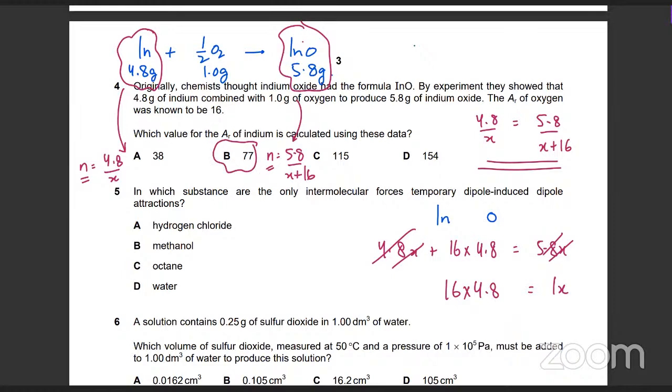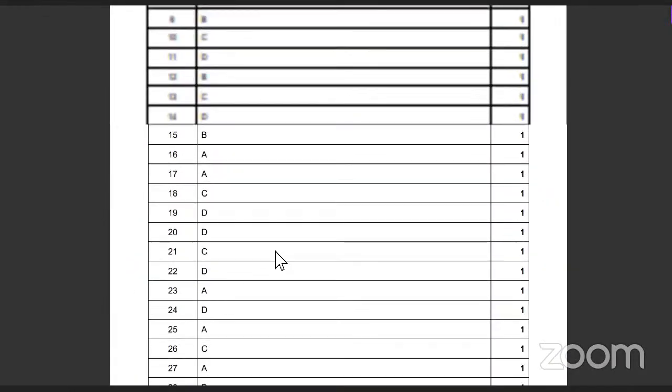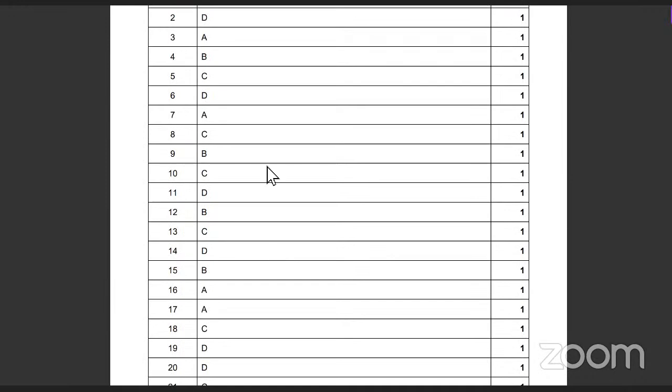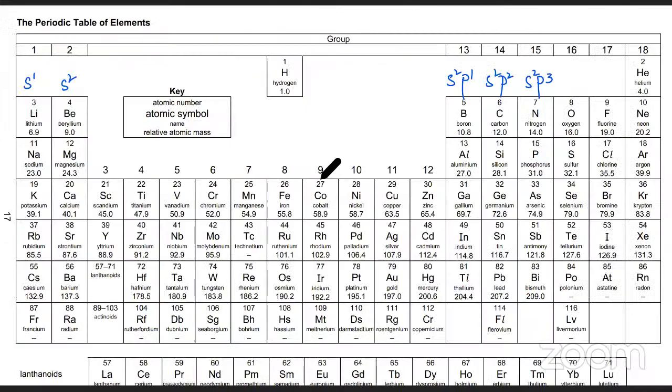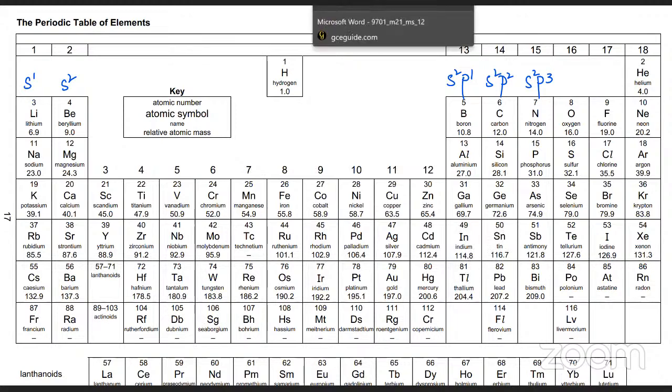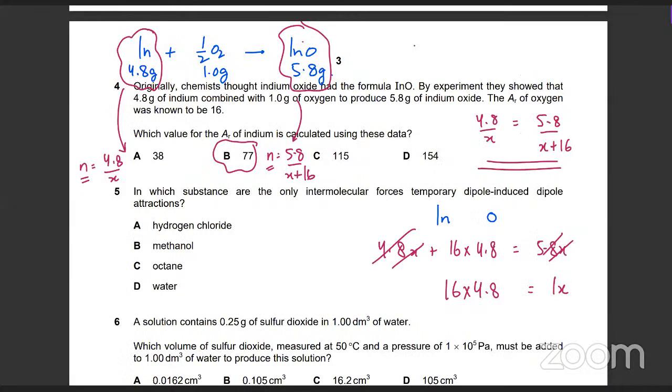Let me check the answer for this one. Question number 4 is B. It's 77. So they took a different value from the periodic table, which says indium is 115.